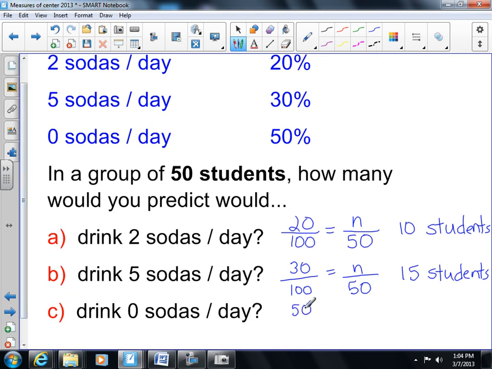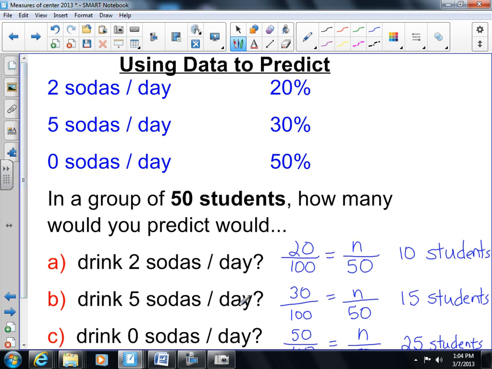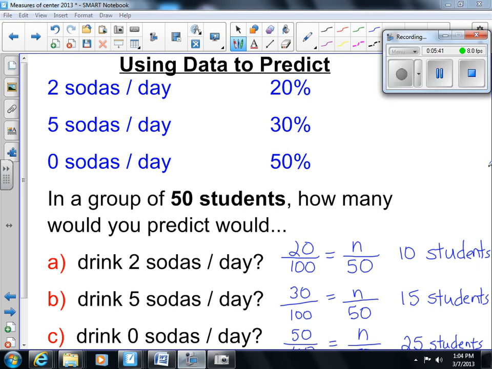Because it's 50%, so it's 50 over 100 equals N over 50, because there are 50 students all total that I want to find the percentage out of. And you get 25 students. Very good. Are there any questions? Today we worked on using data to make predictions and using graphs to make predictions. That's a wrap.